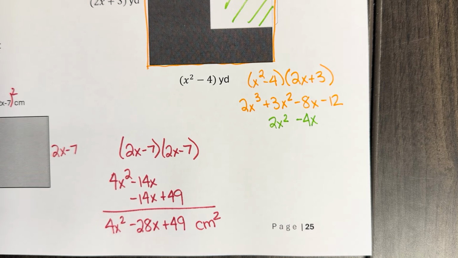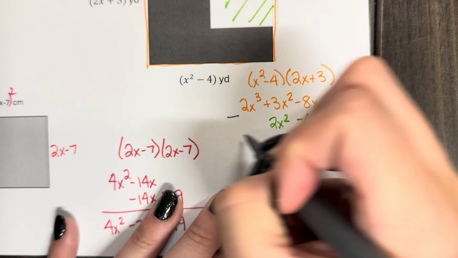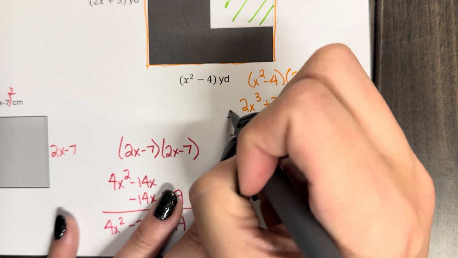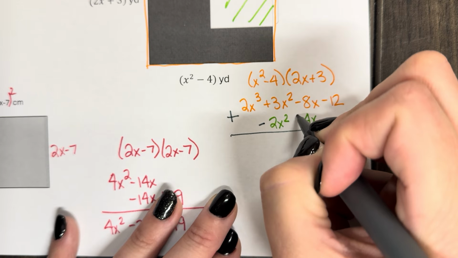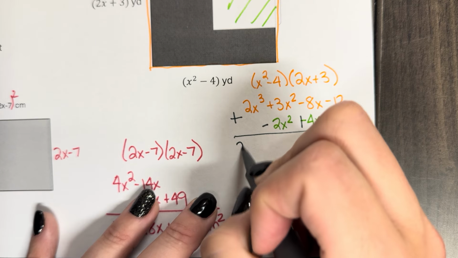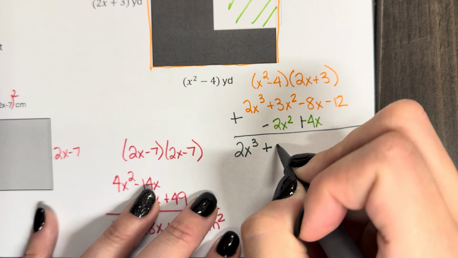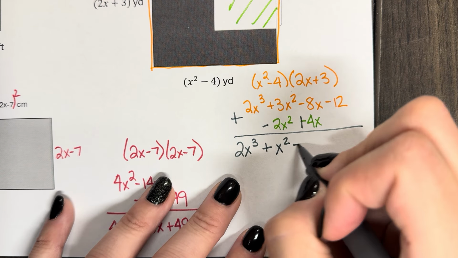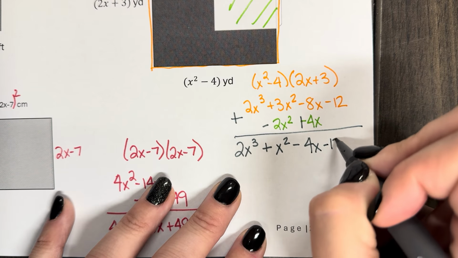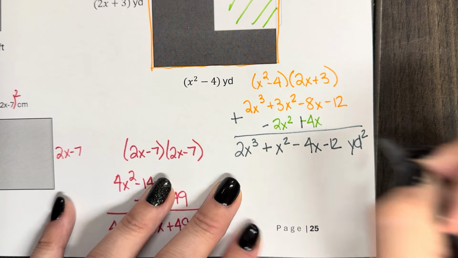But I don't want to just start adding straight down because I want to subtract these two things, right? So we're going to change this to addition and change the signs of the pieces following it. So a 2x to the third plus a 1x squared minus a 4x minus a 12 yards squared.